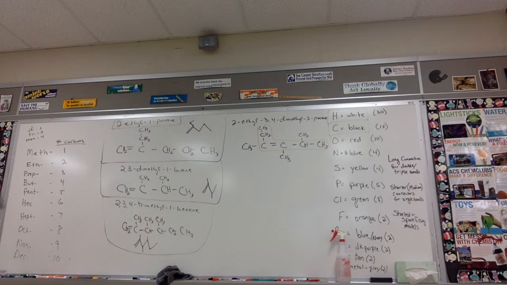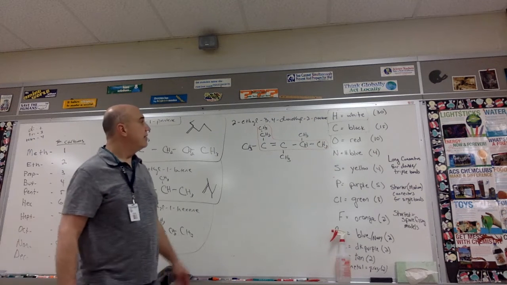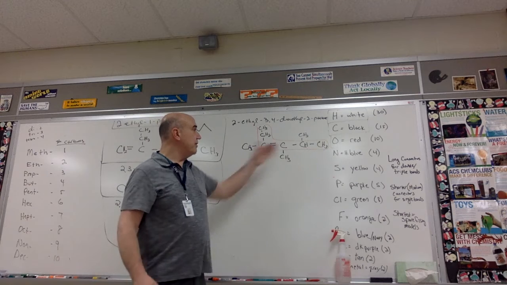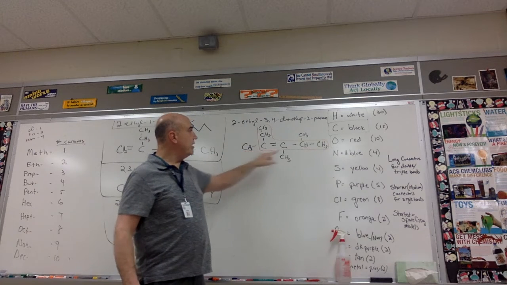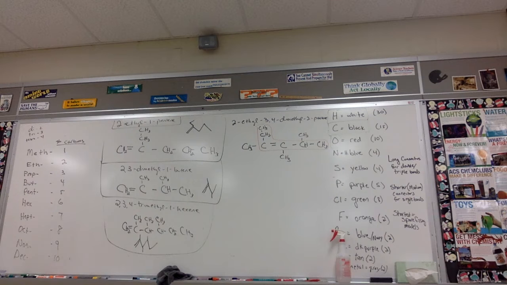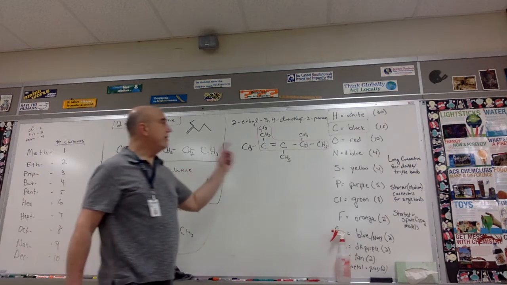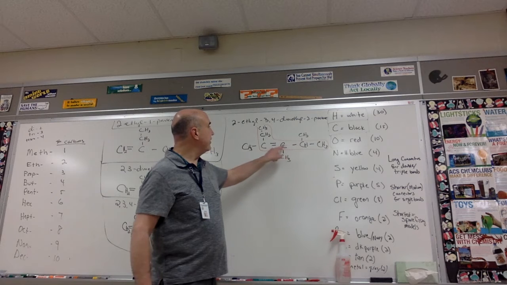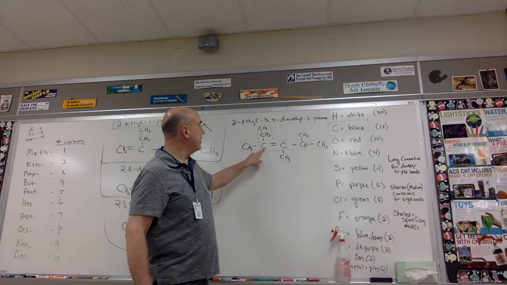Now, as far as numbering it, it's going to be off the third carbon either direction, right? 1, 2, 3, 1, 2, 3. So now we go to the groups, and we want to have the ethyl and methyls off the lowest possible carbon. So if we go right to left, it's off the second, third, and fourth, right?